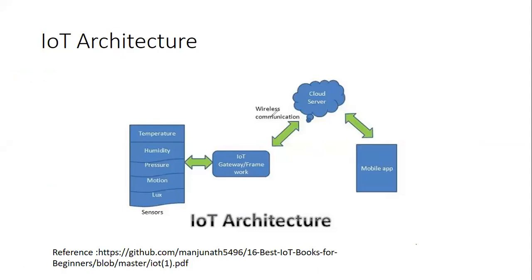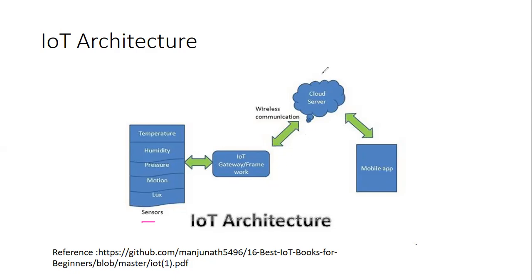So basically IoT consists of these blocks, these units. The first is sensors. You need sensors to design any IoT based system. Then you need a gateway or framework.